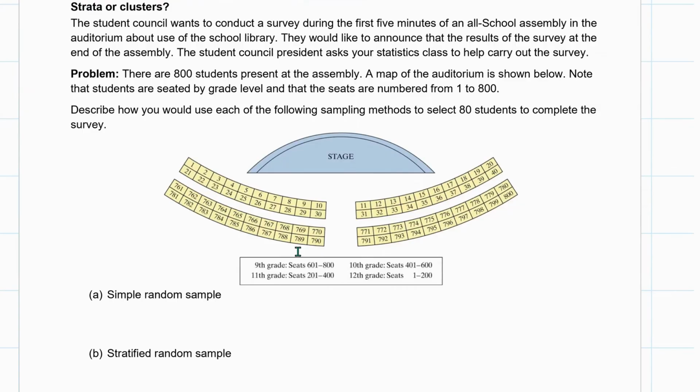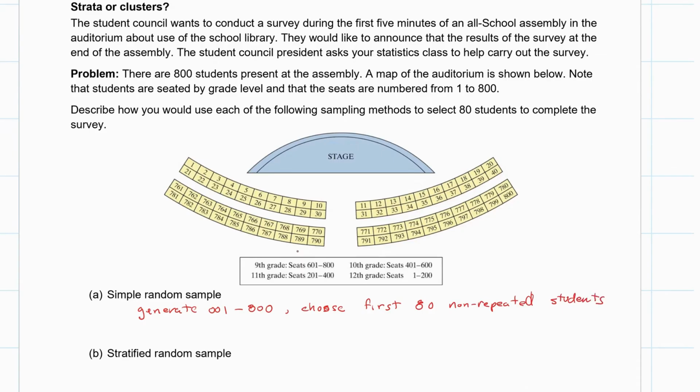Well, if we do a simple random sample and use a number generator, we could generate numbers from 001 to 800, and then choose the first 80 non-repeated students.